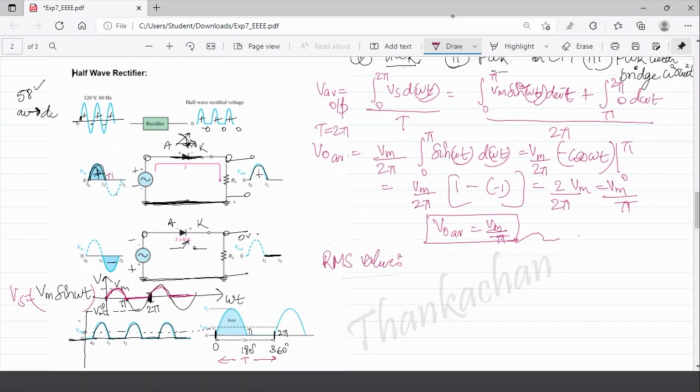What is RMS? Root mean square. How to find out the RMS of any signal? You have to tell now. How to find out RMS? Vm by root 2. No, but how to find out? You have seen how we derived average voltage Vm by pi, right? Similarly, how do we derive the RMS value?